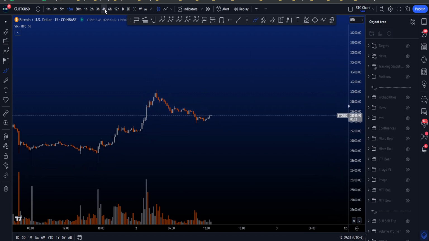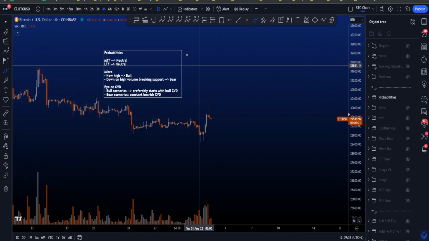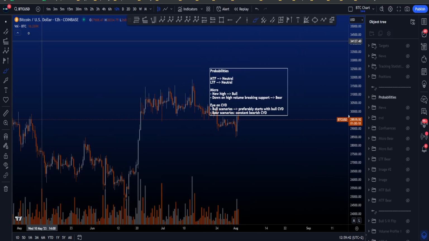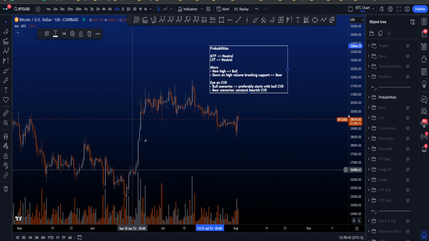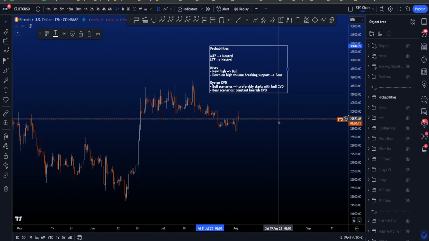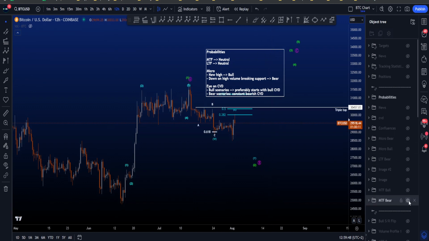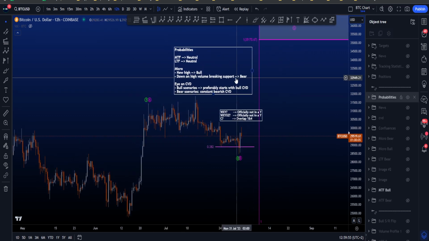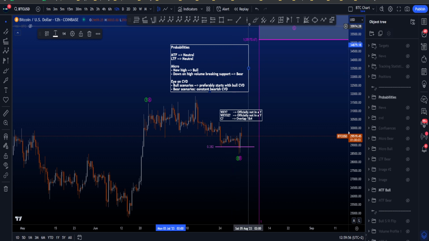And then finally, if we go to the probabilities, I like to keep it simple over here because of also the confusion maybe on the medium time frame counts, right, for the bullish or the bearish scenario. So on the medium time frame, between the bearish scenario, another move down, and the bullish scenario, I like to say I'm neutral at the moment because of the discussion about a WXY.